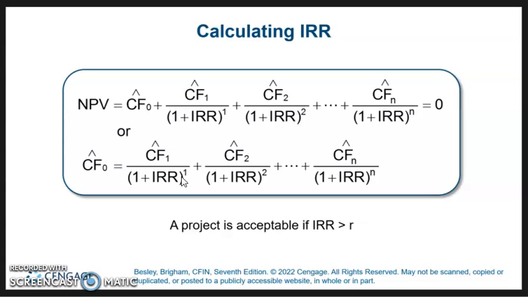The IRR is the rate at which the present value of all the future cash flows makes the NPV equal 0. We have to figure out this rate, and again, Excel and your calculator do it fairly easily.